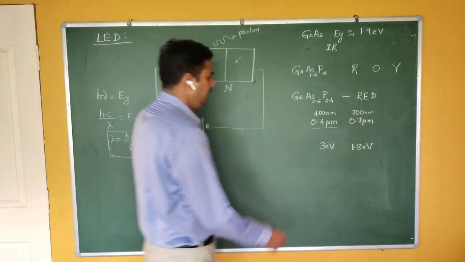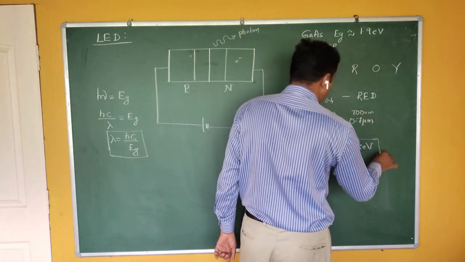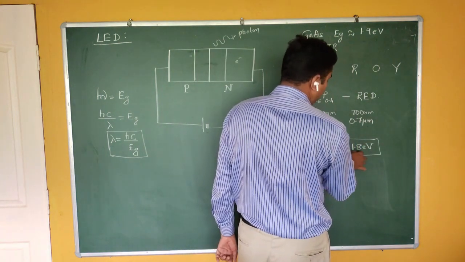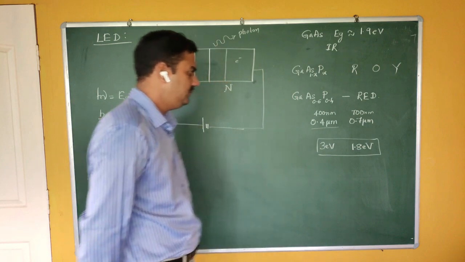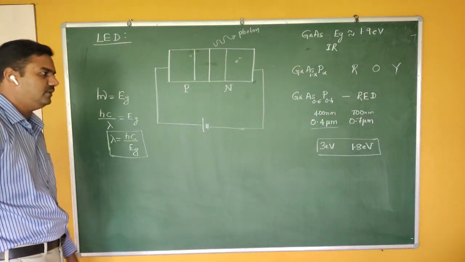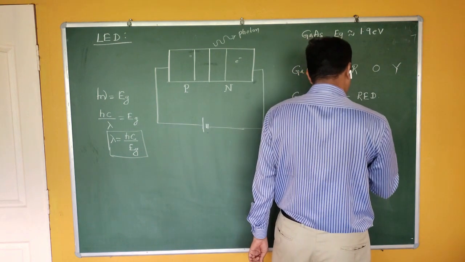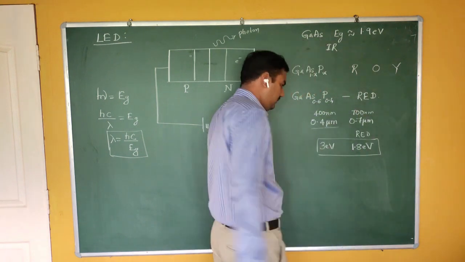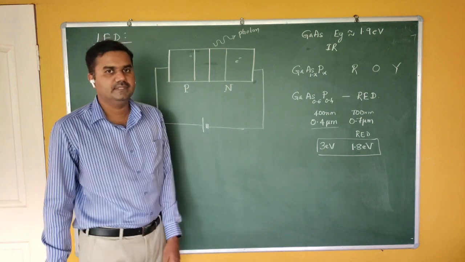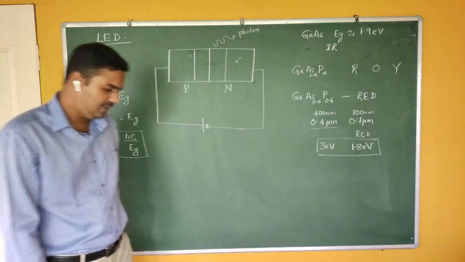So the energy gap range is from 3 electron volt to 1.8 electron volt. If your energy gap is around 1.8 electron volt, you get a red color emitting diode. If it is around 3 electron volt, you get a violet color emitting diode.